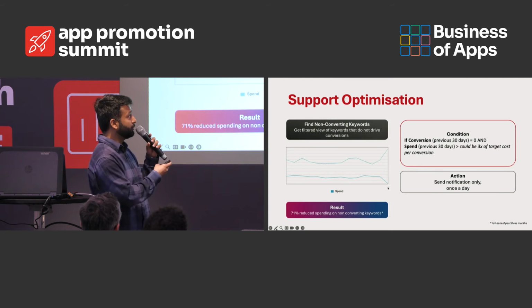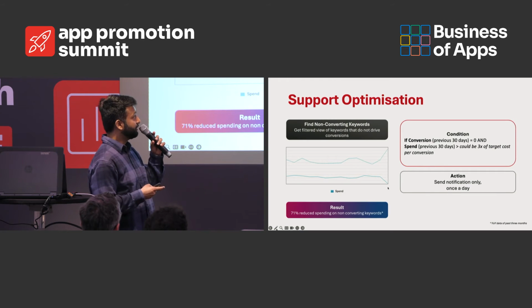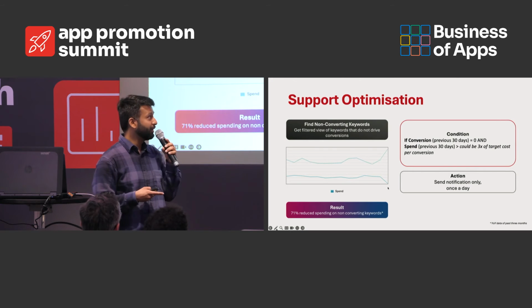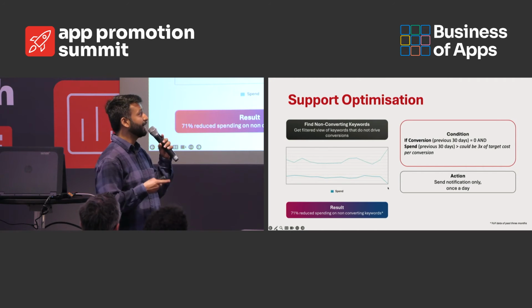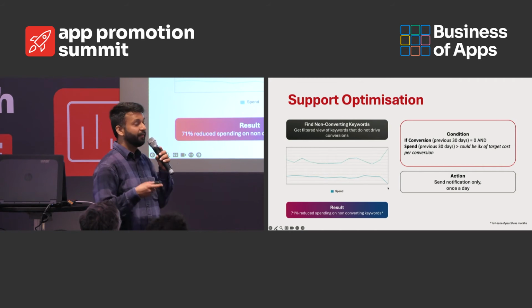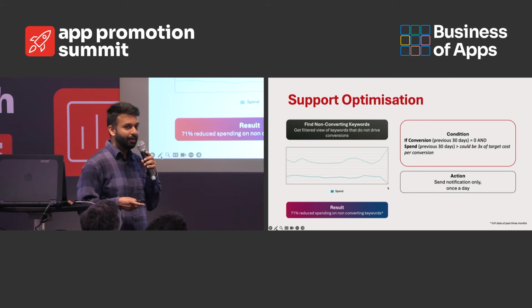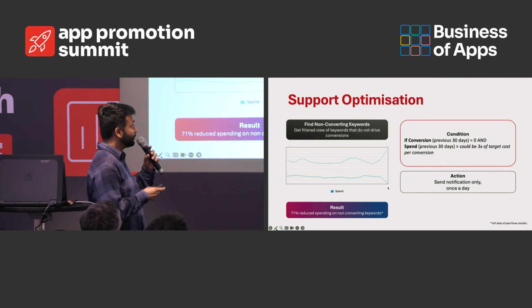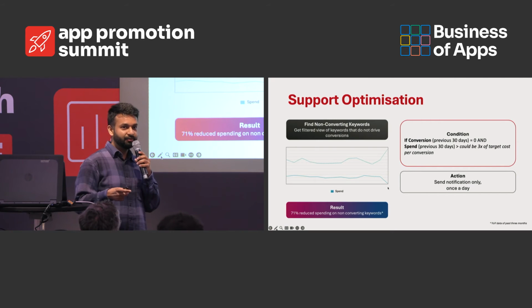You can build this automation rule where there's this condition: if you have gotten 0 conversions in the past 30 days from a keyword and you have spent more than 3 times your target cost per conversion, then you will get notified. By making use of this automation rule, I've been getting notifications using which I promptly pause or reduce bids and improve my campaign efficiency and spending.